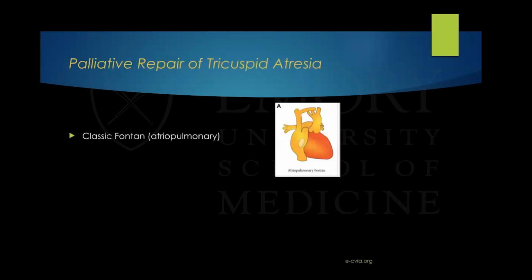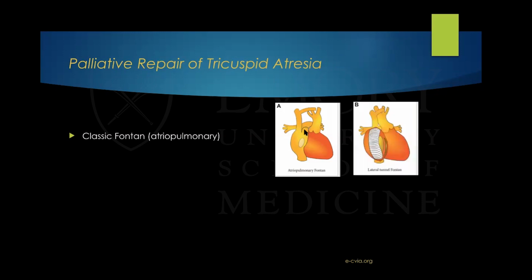So the palliative repairs of tricuspid atresia are either a classic Fontan, which is similar to the example I mentioned before, where the IVC and SVC drain into the right atrium and the blood is then let out to the PA through the appendage. It's called the atriopulmonary Fontan.